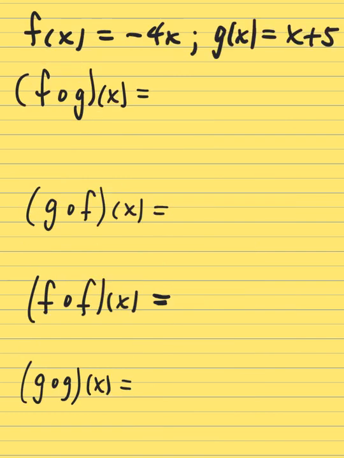Okay, our last example for this video, we have function f defined as negative 4x and g of x defined as x plus 5. The first composition, when we collapse it down, is f of g of x. Okay, g of x is x plus 5. So we're going to calculate f of x plus 5.